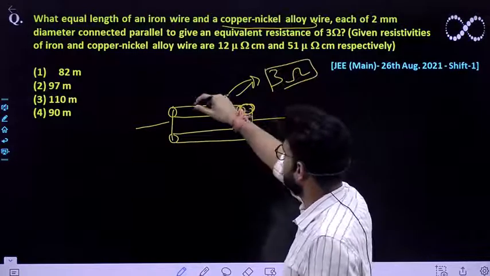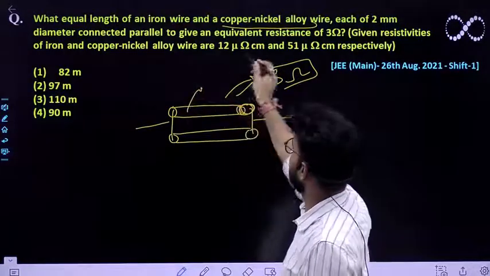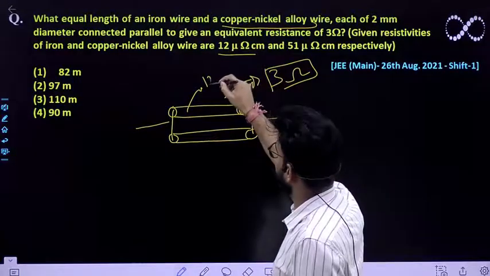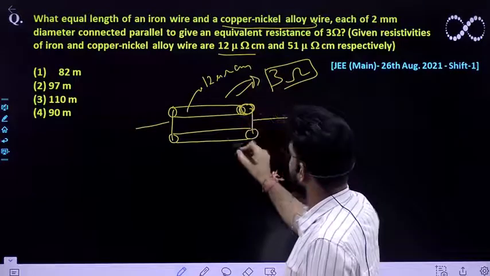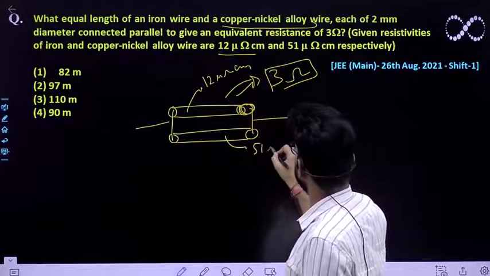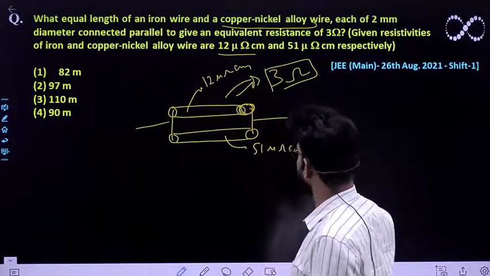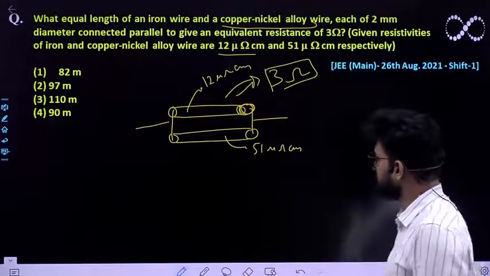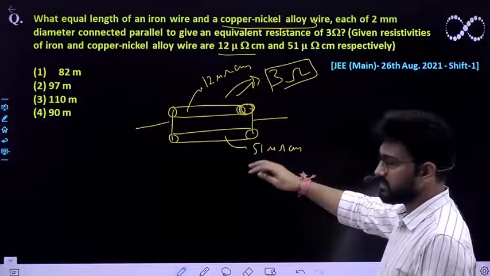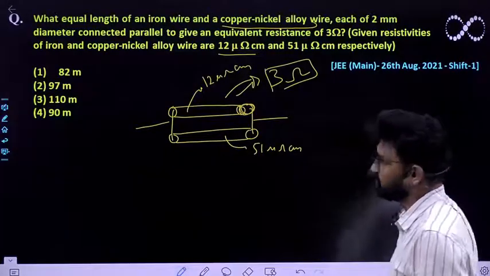Okay, and also the resistivity of iron and copper nickel is given to you, which is 12 micro ohm centimeter for iron, and here it is 51 micro ohm centimeter. So this much of resistivity has been given to you.